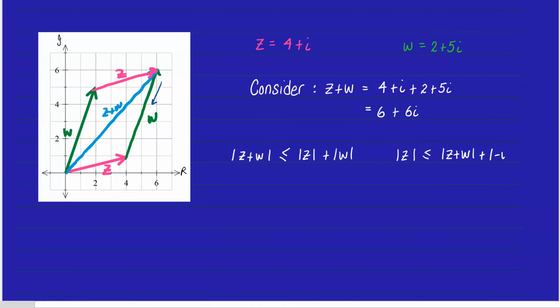So that would be that, except when we take the modulus, that just makes it positive because we're talking about a length and we're not going to have a negative length.